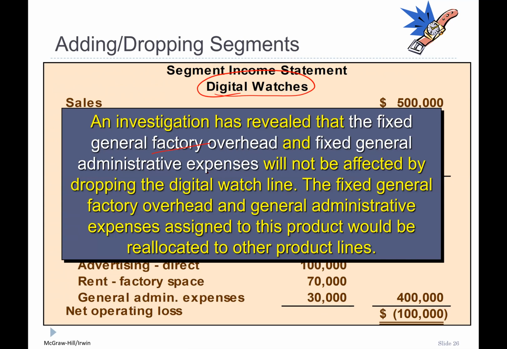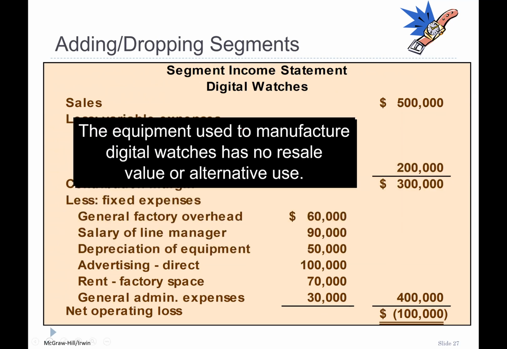The fixed general overhead and general administrative expenses assigned to this product would be reallocated to other product lines, so it means this cannot be avoided by dropping the digital watch. What about others? The equipment used to manufacture digital watches has no resale value. It means we have to throw it away. It will give us zero value.